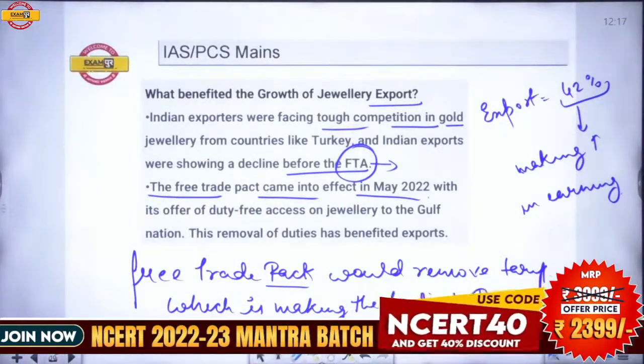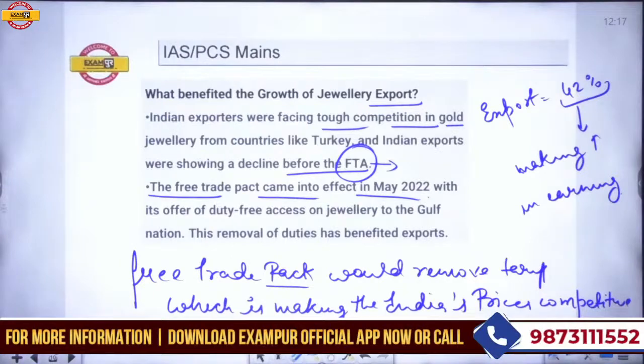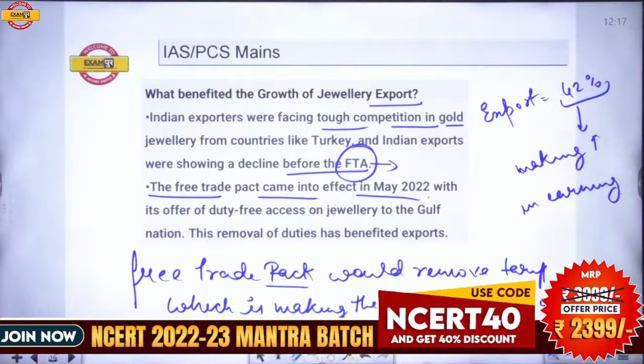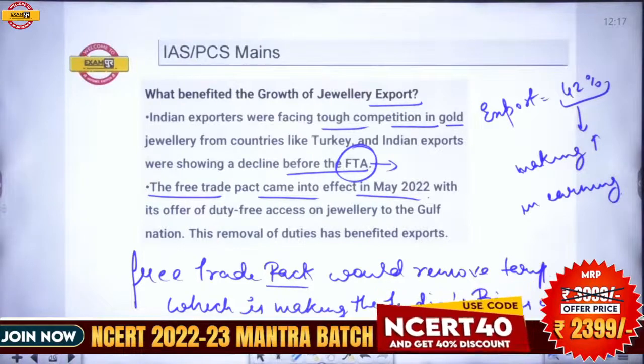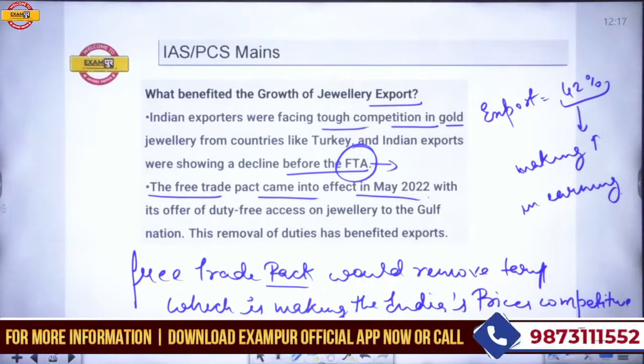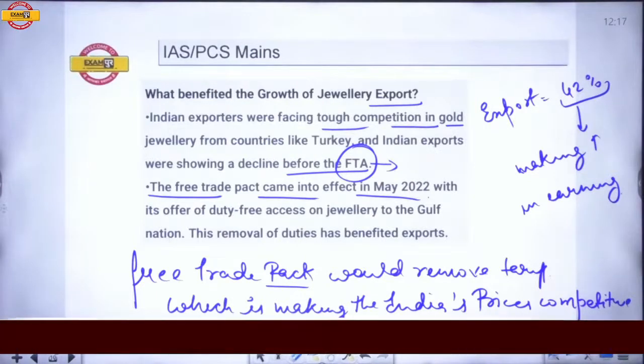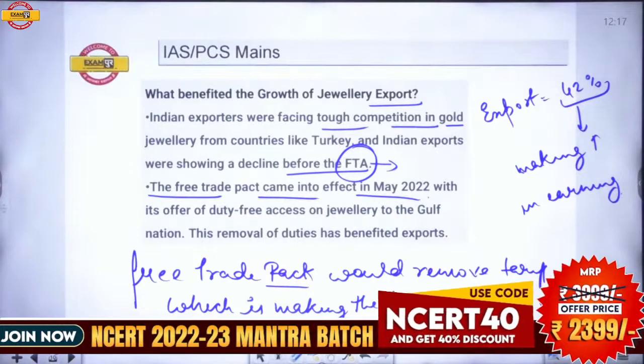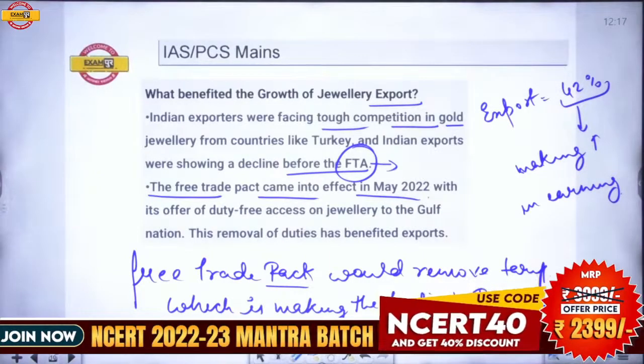Now, if we establish a comprehensive agreement and just sign the free trade agreement, it makes things easier by removing the tariff, making India's prices competitive enough to make an entry in the global economy.